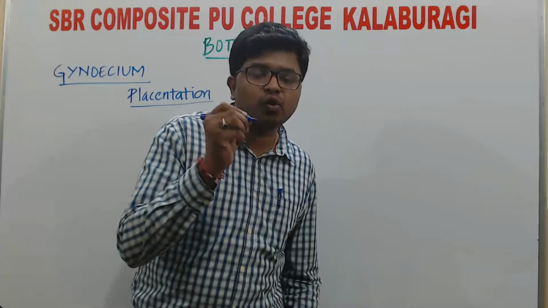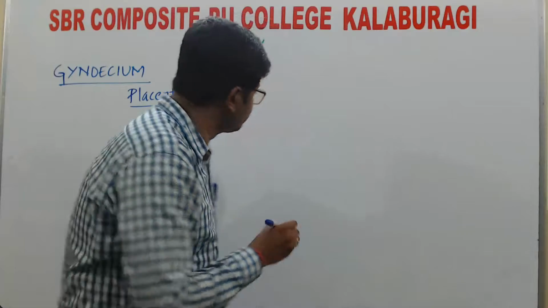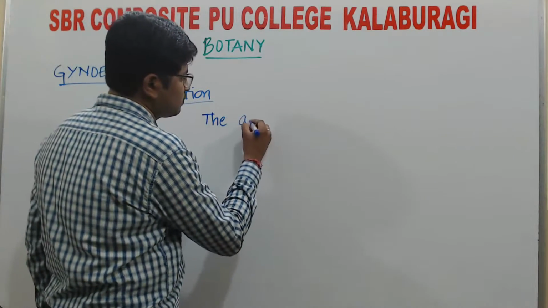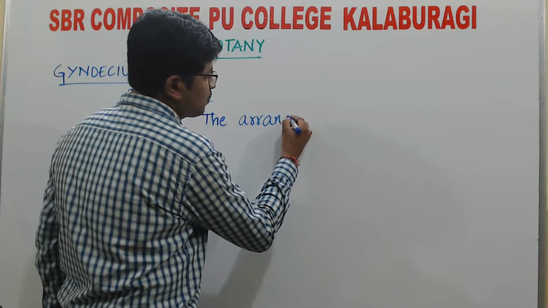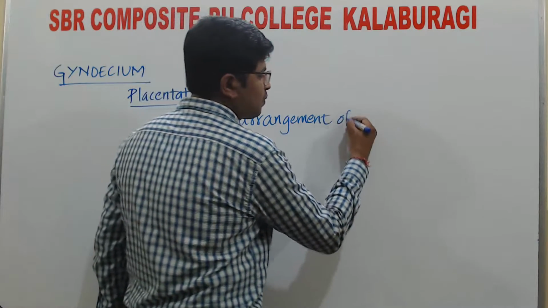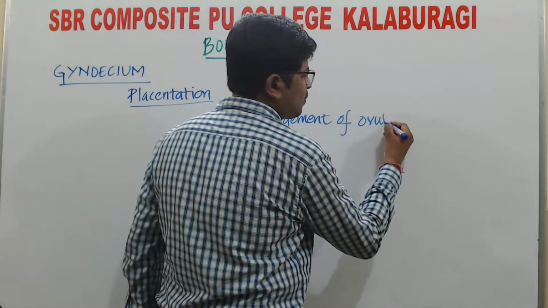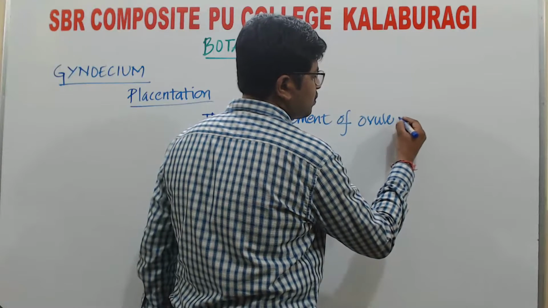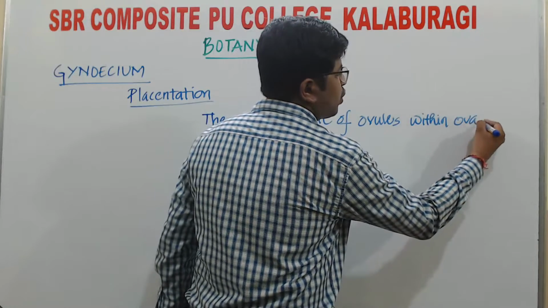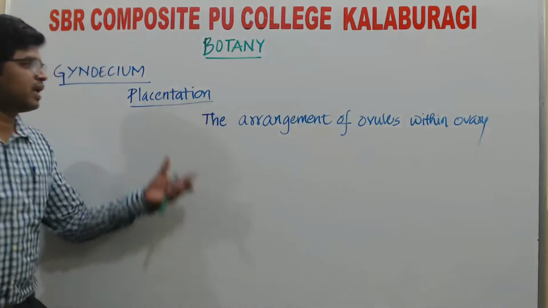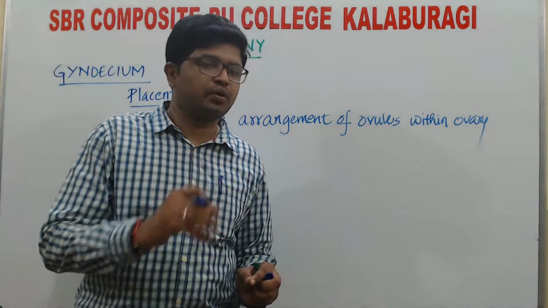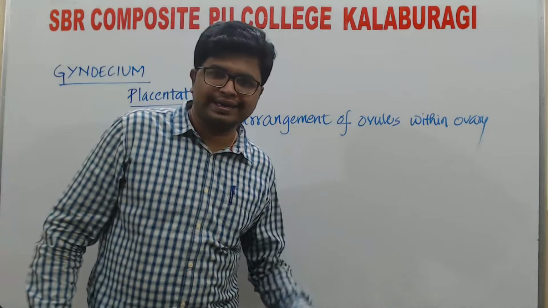The arrangement of the ovules within the ovary, we call placentation. You have a placenta on which ovules are placed in definite order, which we are going to understand now.